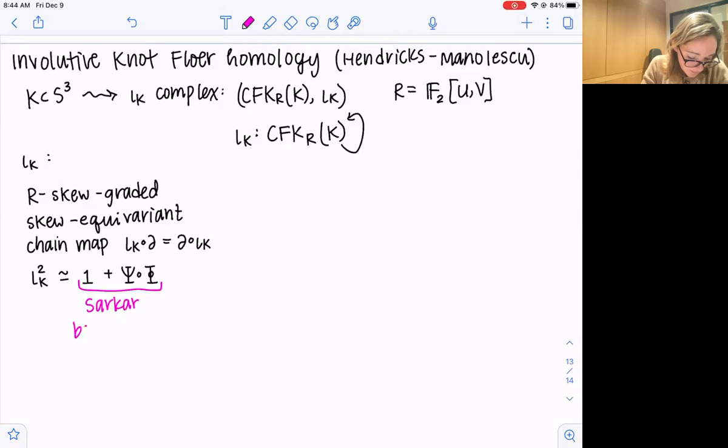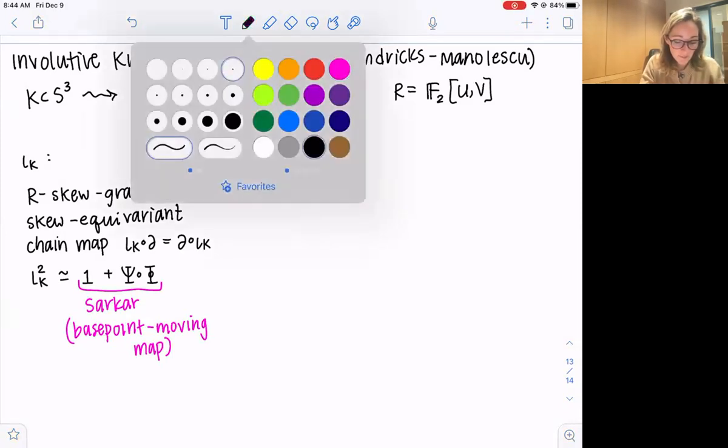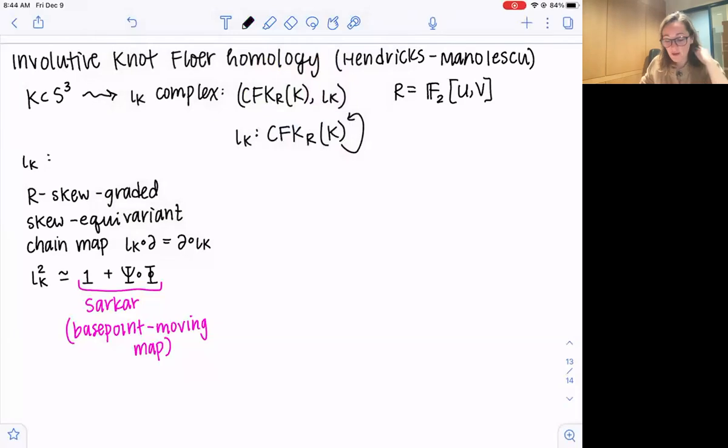This is his basepoint moving map. We claim that if I hand you the knot Floer complex and you know all of these properties, that can be sufficient to make an argument about what the image of iota K should be. And that's precisely what we'll do. But maybe before we do that, I'll give you an example of what these maps look like.